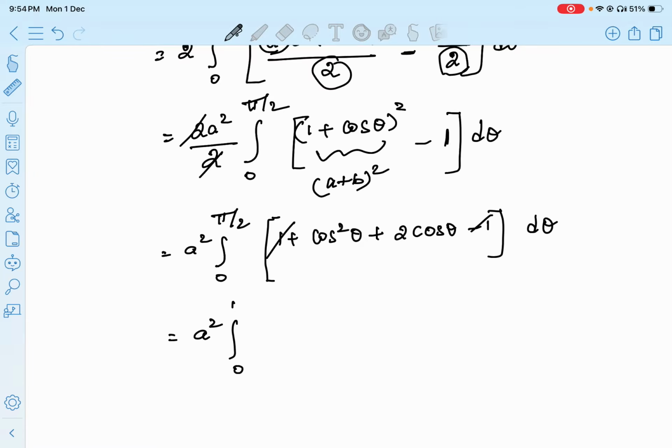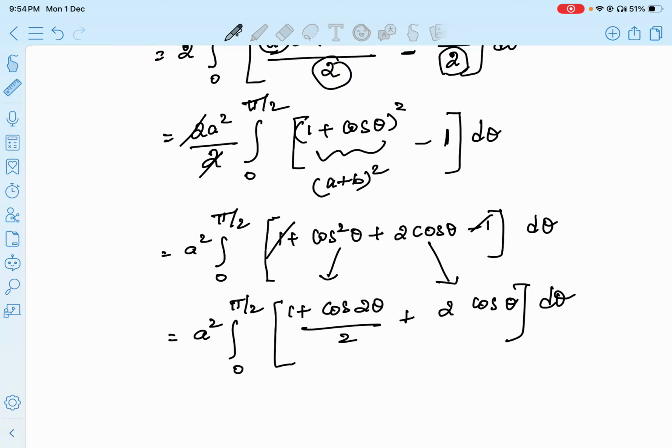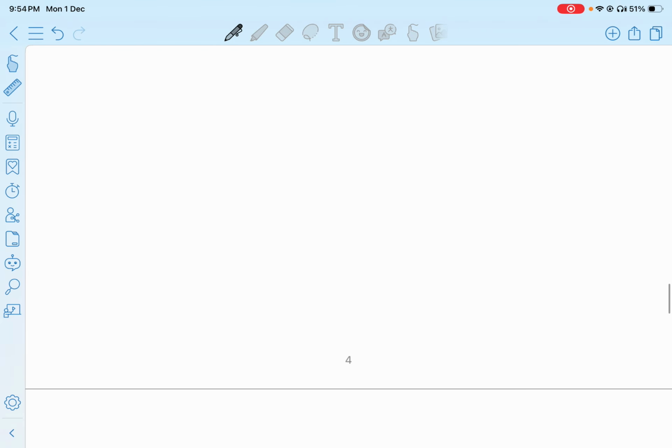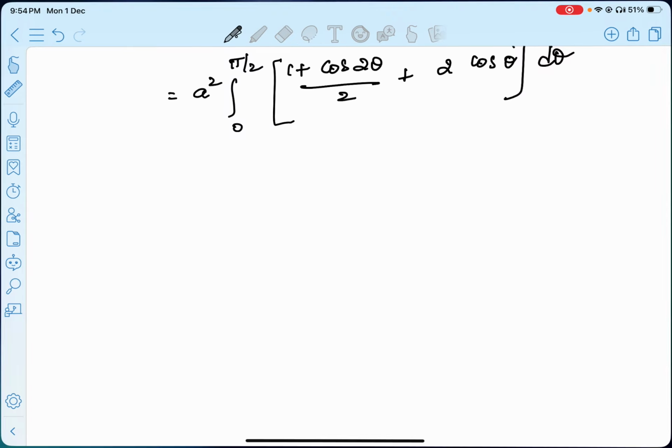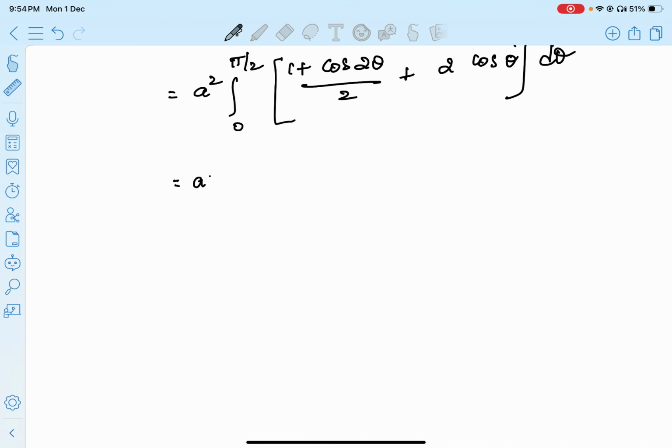So we have integral 0 to pi by 2. Your cos square theta can be written as (1 plus cos 2 theta) by 2, plus this one, 2 cos theta, into d theta. What is the next step? A square integral 0 to pi by 2 into 1 plus. I'm going to take this 2 outside, and here it will become 4, right?